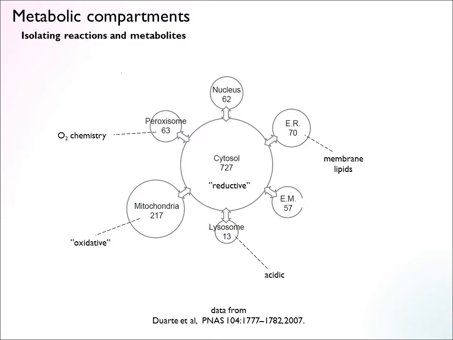The endoplasmic reticulum, the ER, is of course an organelle that contains a lot of membranes, a membranous organelle. Therefore a lot of lipid biochemistry goes on in the ER, and a lot of lipid synthesis reactions happen in those membranes. And so on. So this is another dimension of metabolism, you could say, the compartmentalization, and it is certainly a very important part of how metabolism is organized.